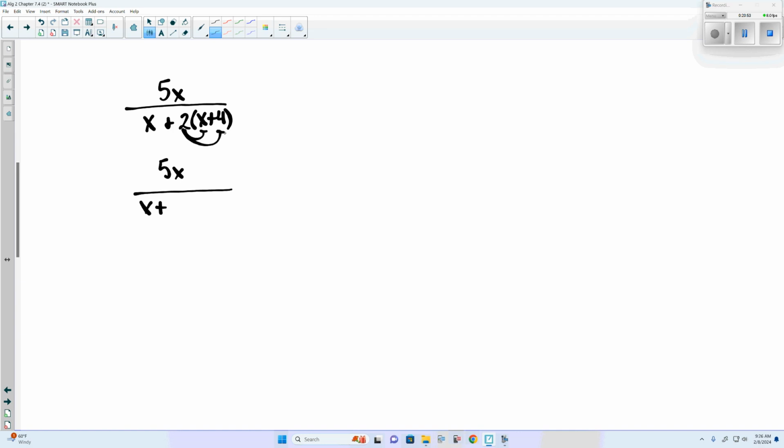Because we have to distribute this 2. 2 times x, and 2 times 4 is 8. X plus 2x is 3x, and that is the exact same thing we got on the previous one.